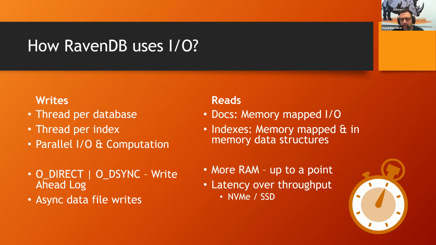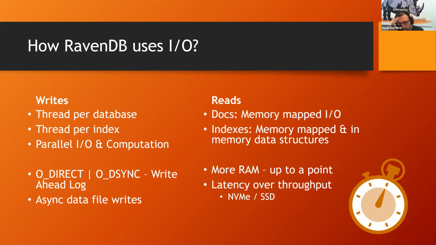Regardless, most of the data is meant to reside as memory map, and most of the read operations that we do in RavenDB are done through memory mapped I/O, which means page faults. Now, the more RAM you give us, the better we are, because the more values we can cache in memory, the fewer actual page faults you're going to have.